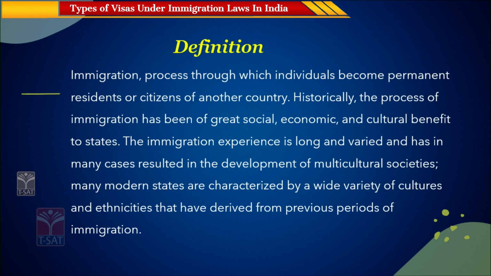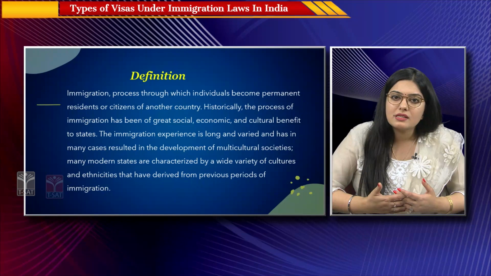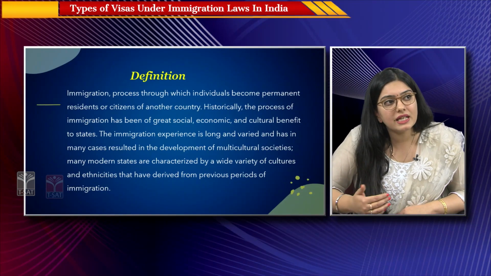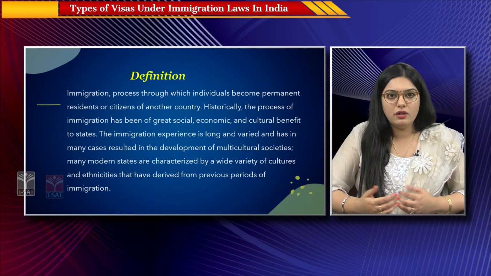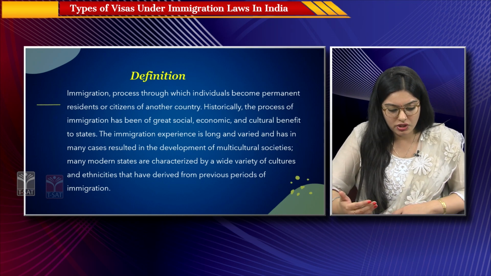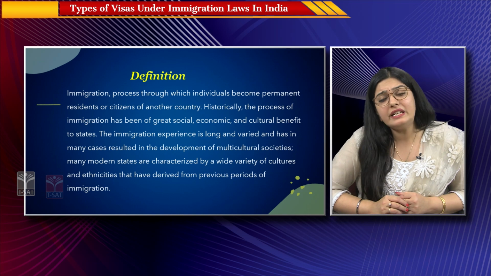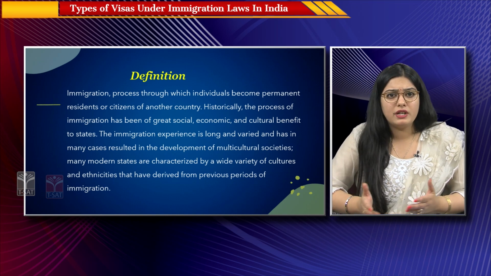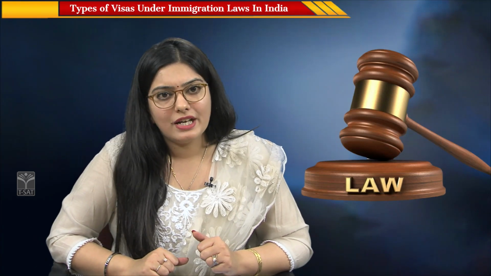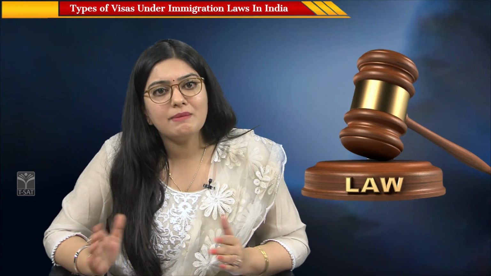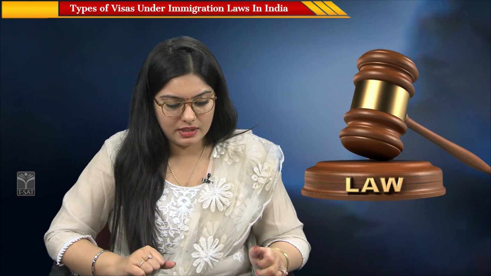The pull factors could be sound political stability, better or higher incomes and employment opportunities, and various family reasons. If your husband or wife is residing in a particular nation state, you plan to immigrate to that nation state.